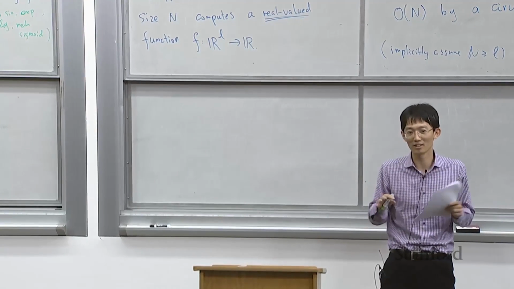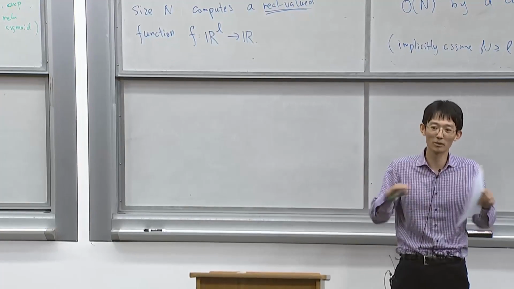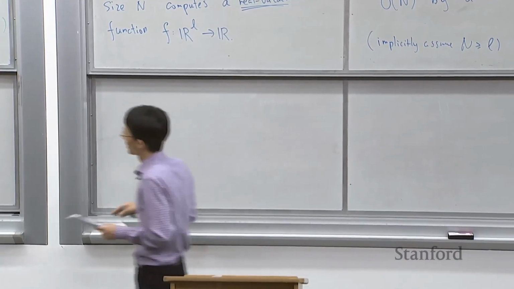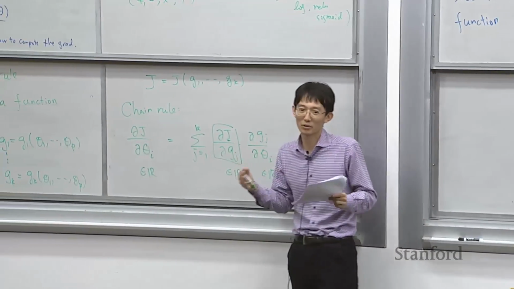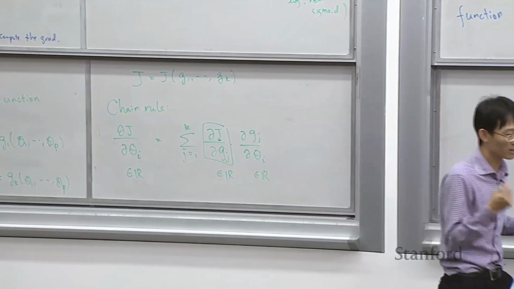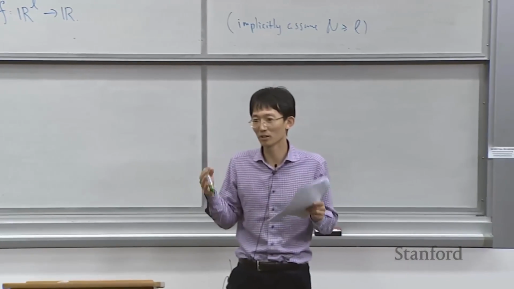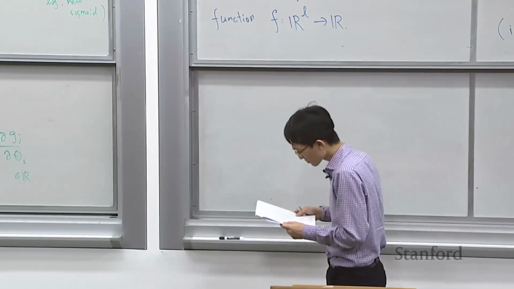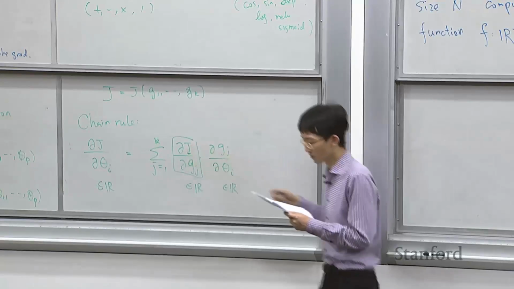In some sense, in machine learning people try to avoid that, at least on the algorithm level. Of course, in analysis you probably have to think about that notion. But on the algorithm level, 90% of the time you try to take the derivative of a real valued function, and you never try to take derivatives of multi-output, multi-variable functions. In this course, we only have to think about the case where this is a real valued function.